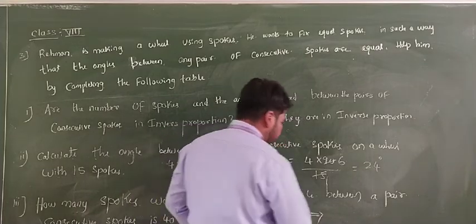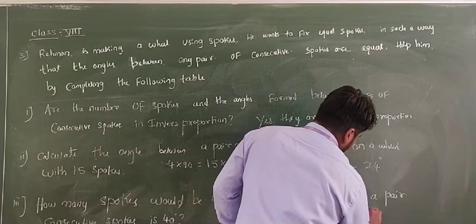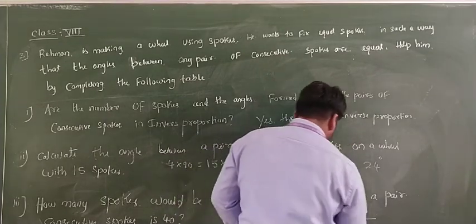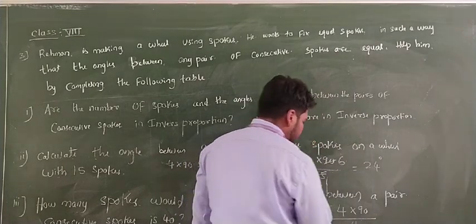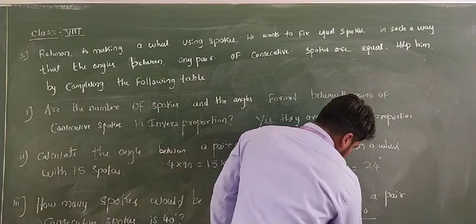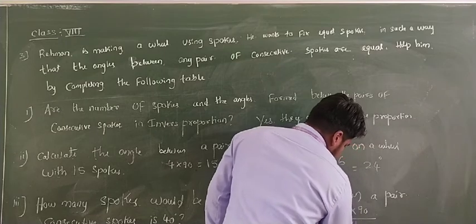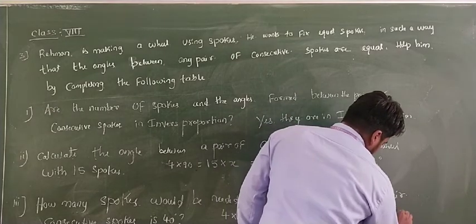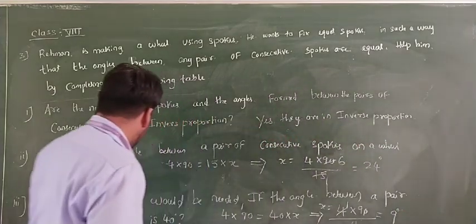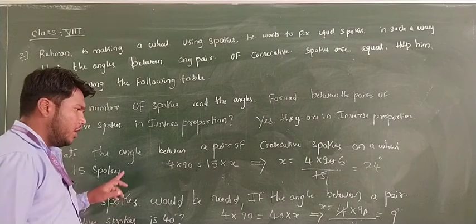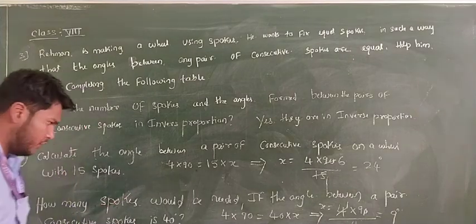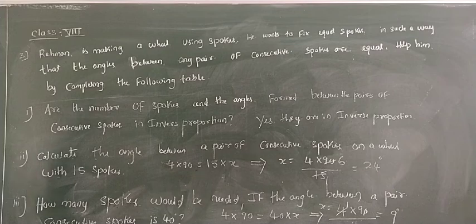So 4 into 90 divided by 40, that is x is equal to 4 into 9, so the zeros get cancelled, and the remaining is 9. So 9 spokes would be needed if the angle between a pair of consecutive spokes is 40 degrees. I hope you understood these 2 problems of exercise 13.2, the second and third question.